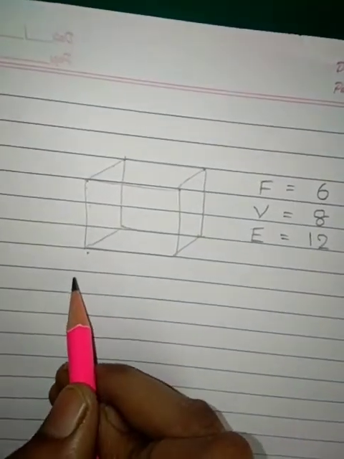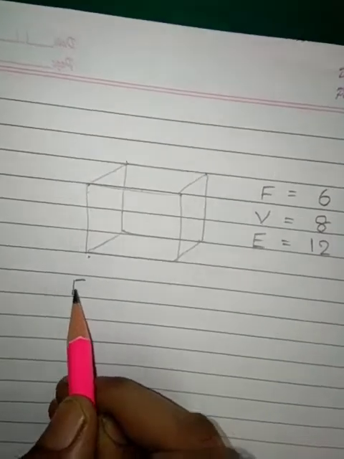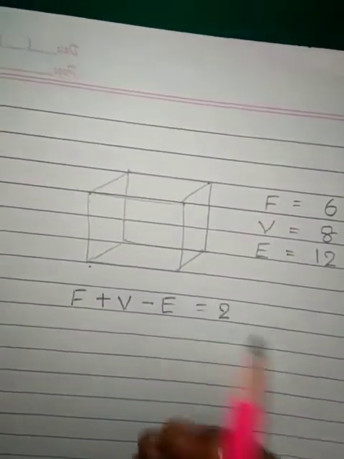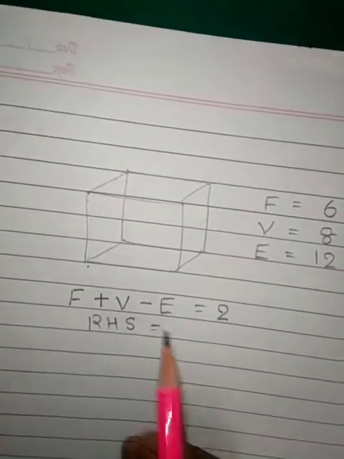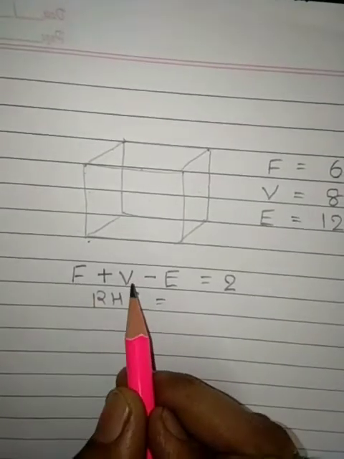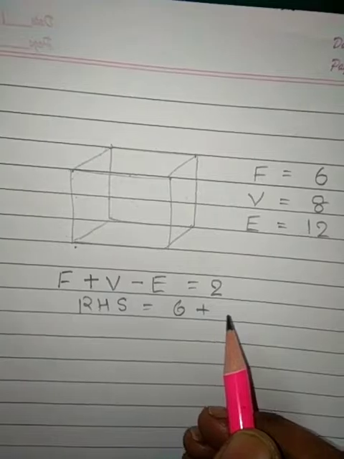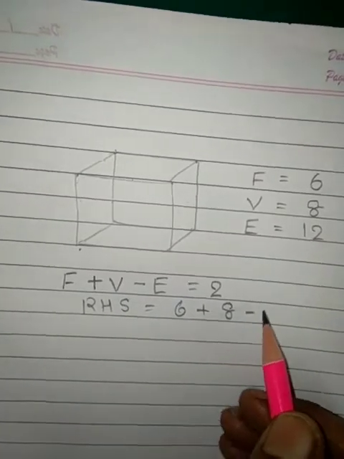Now according to Euler's formula, that is F plus V minus E is equal to 2. So let's take the LHS side. What is the LHS side? F plus V minus E. So F we have got 6 plus vertices are 8 minus 12.